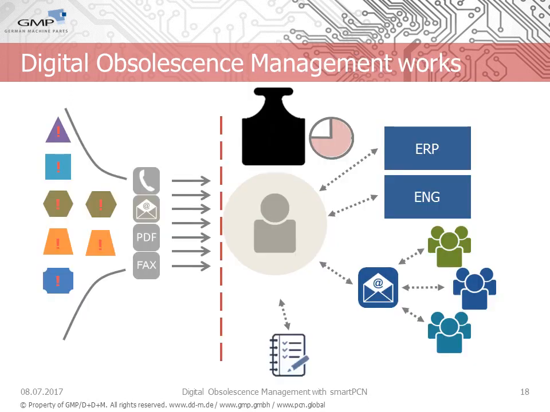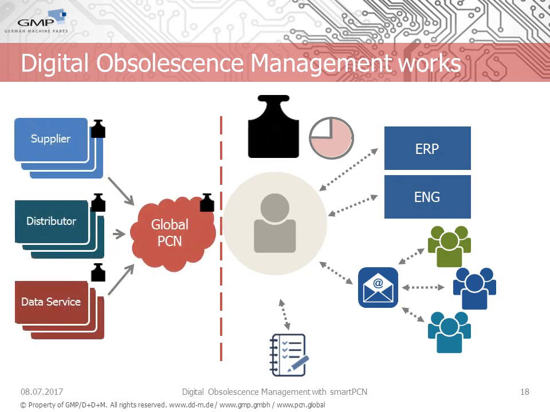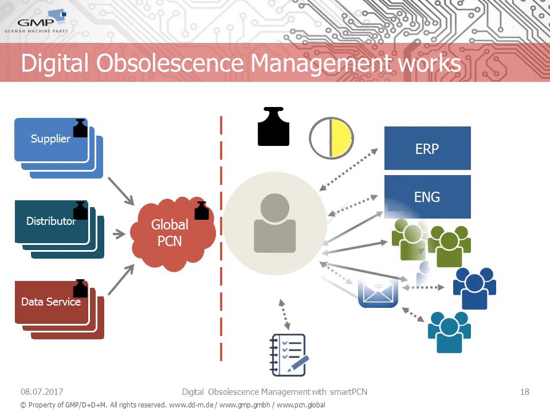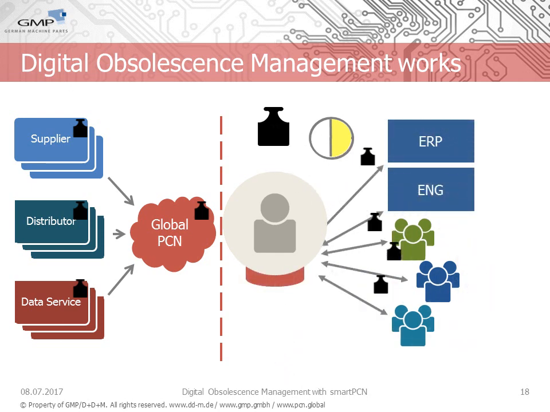Going back to the beginning of the presentation, where we have analog obsolescence management, we first exchanged the supplier side and introduced digital PCN. Already this step reduces workload and saves time because all PCN are formatted the same way. Then we enable the receiver side to process digital PCN, resulting in further workload reduction.